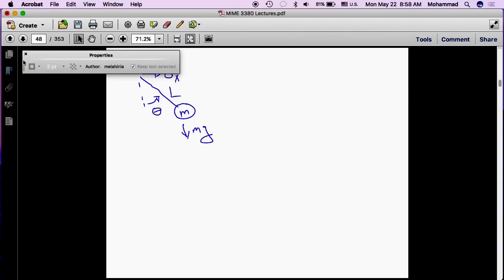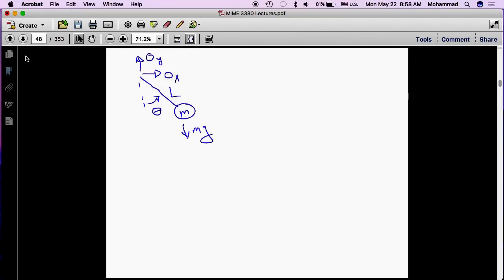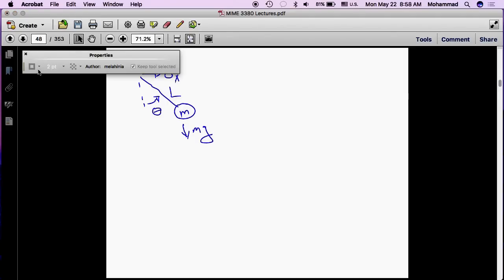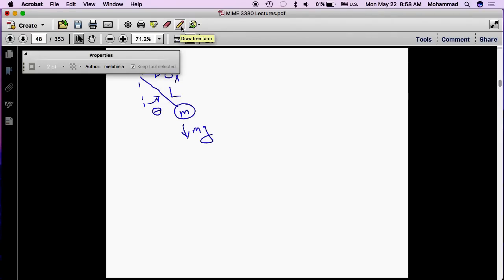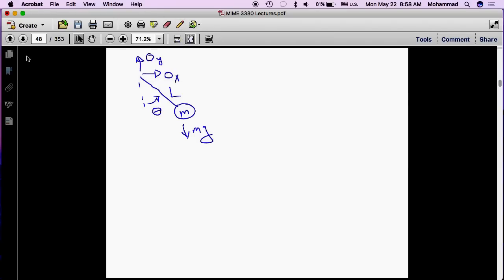Having a viscous type friction means that as this link moves in the counterclockwise direction, the friction would apply a moment at point O that would oppose this motion.